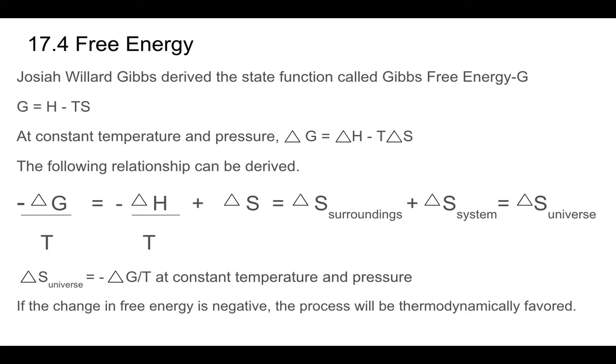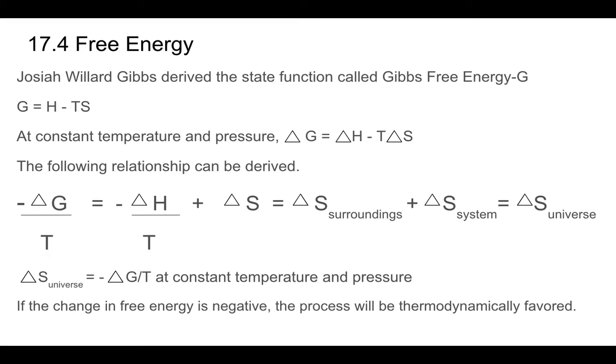Now the signs are opposite, so if for thermodynamic favorability we want the delta S of the universe to be positive, then for Gibbs free energy we want the change in Gibbs free energy to be negative. So keep that in mind. If you want something to be thermodynamically favored, it needs to have a negative change in Gibbs free energy.